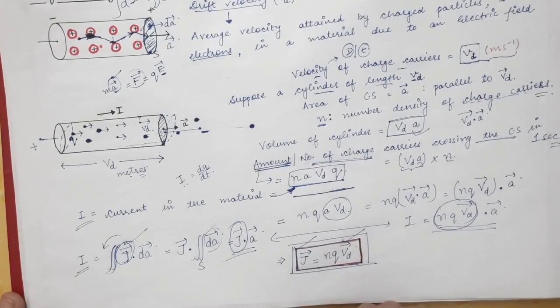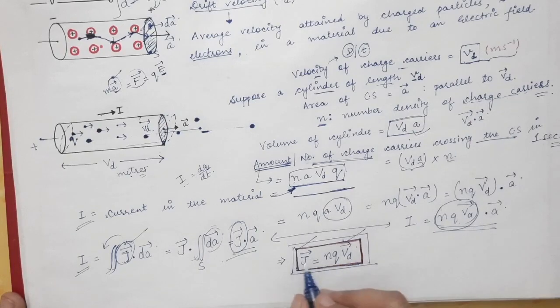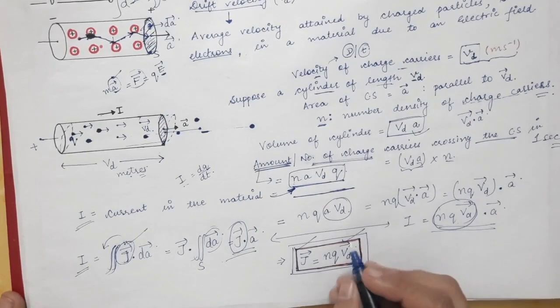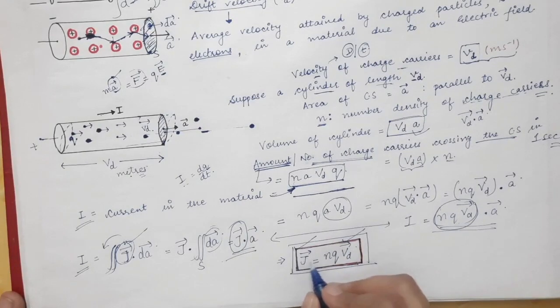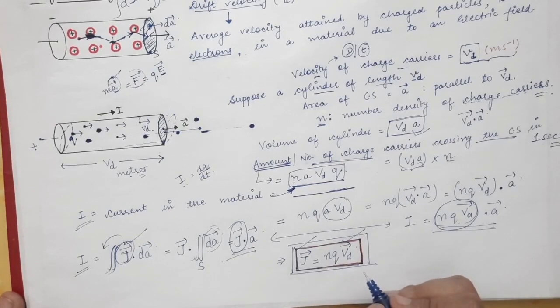In that case we have a negative sign, meaning J vector and Vd vector will be anti-parallel to each other in the case of electrons. But if you have a positive charge carrier, then J vector and Vd vector will point in the same direction.